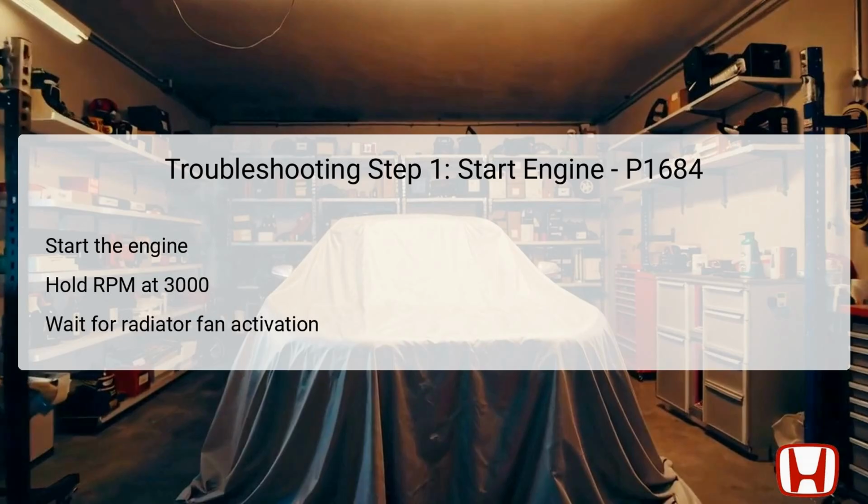As the engine runs at this elevated speed, it is essential to observe whether the radiator fan activates, which indicates that the engine is reaching operational temperature. This step helps ascertain whether the engine control systems are functioning correctly during idle conditions. A consistent RPM accounts for circulatory stability within the engine, clarifying whether any parameters are deviating from normal ranges.